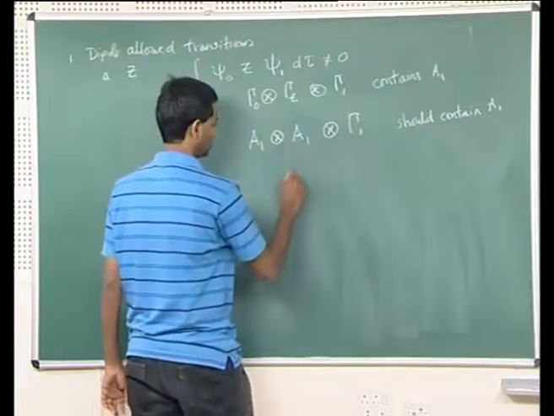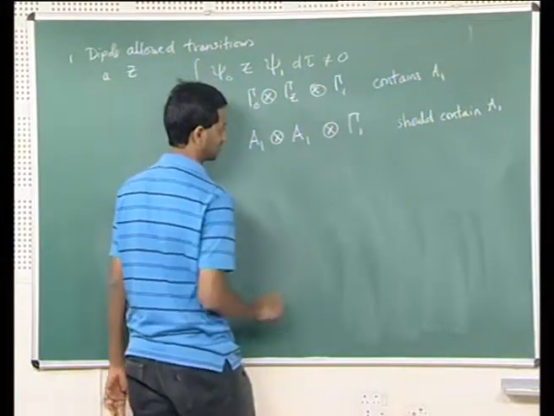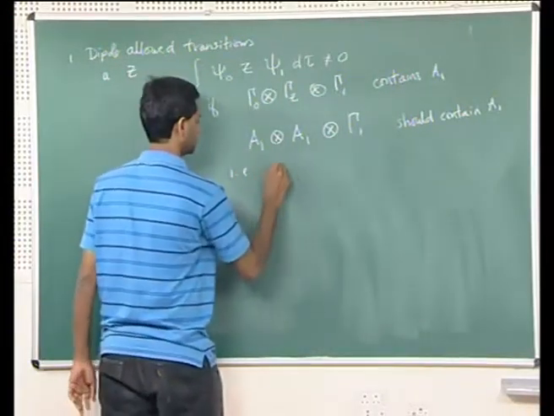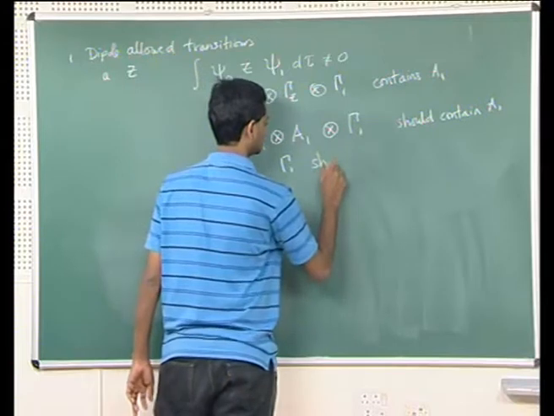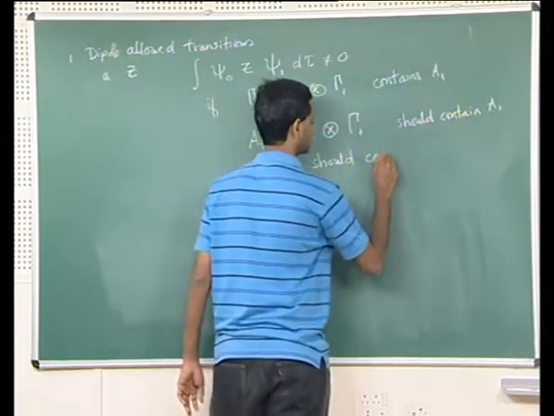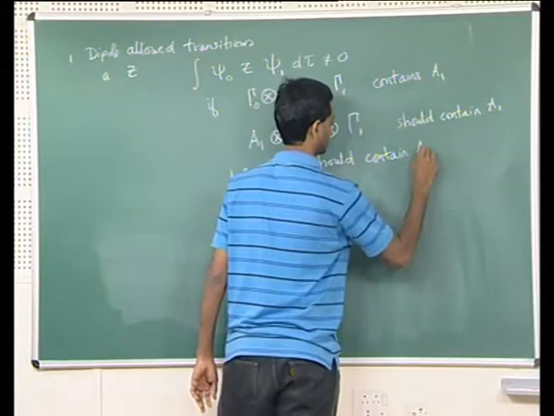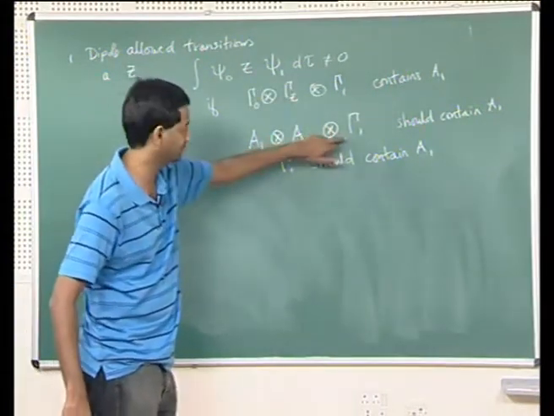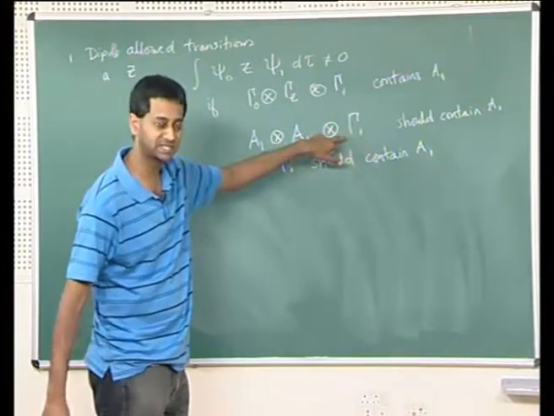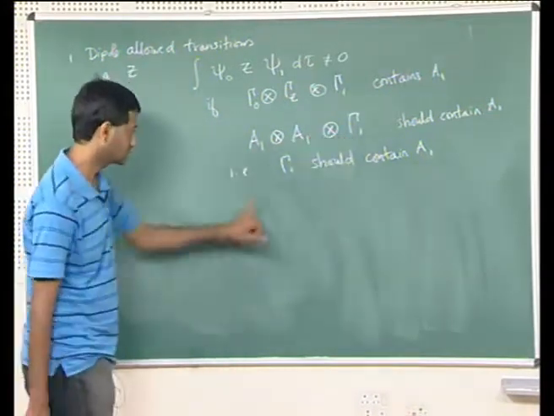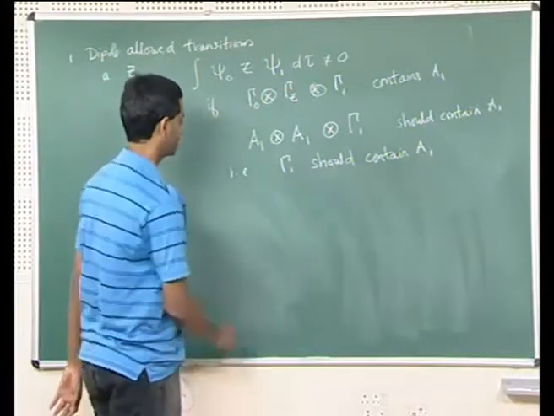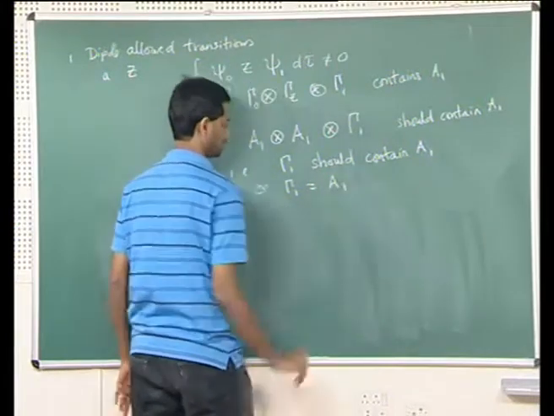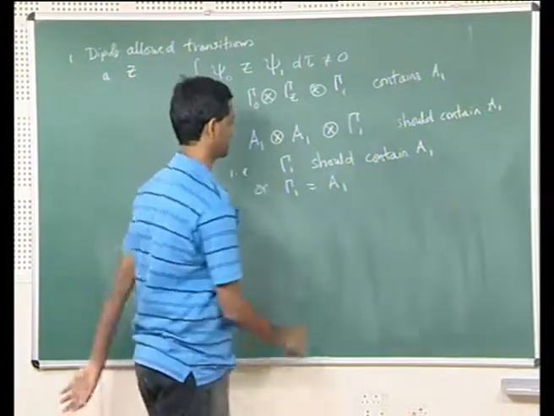So A1 direct product with gamma 1 will just give me gamma 1. Since A1 is a totally symmetric representation, a direct product of A1 with gamma 1 will just give me whatever representation gamma 1 is. So gamma 1 should contain A1, or gamma 1 equal to A1, if gamma 1 is irreducible.